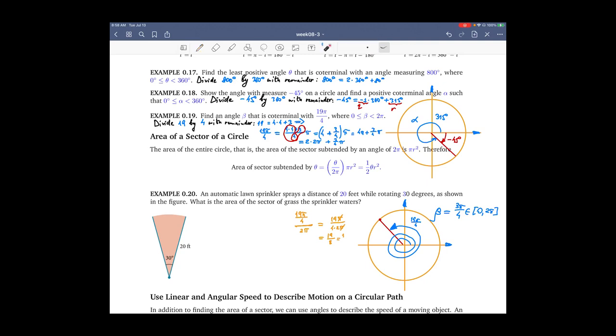Anyway, we have already obtained what we wanted, so let's not overcomplicate things. We found the angle coterminal to 19 pi over 4 in the range 0 to pi.